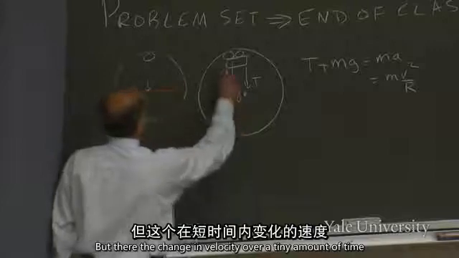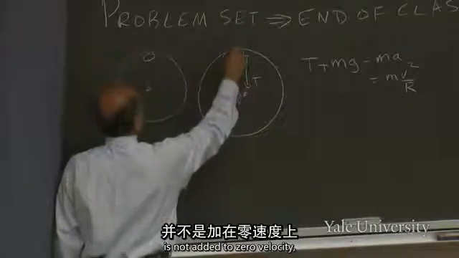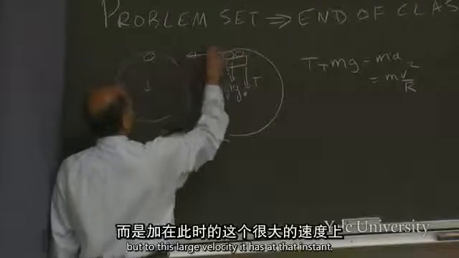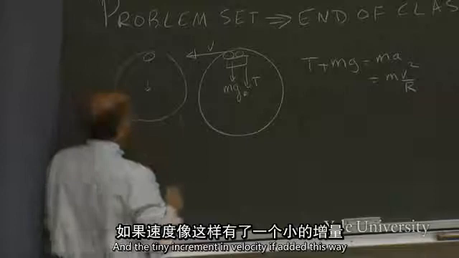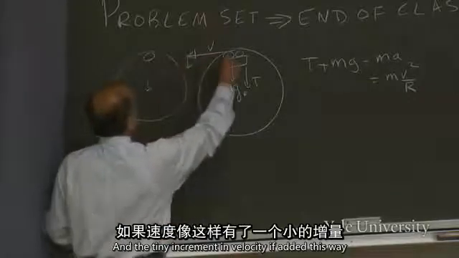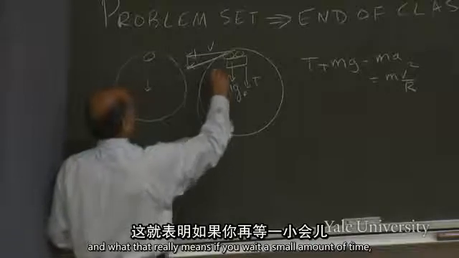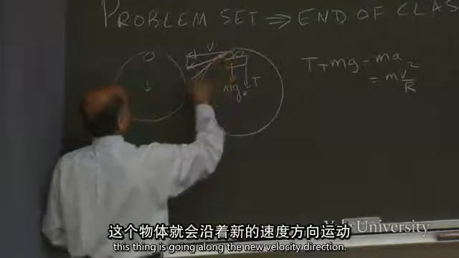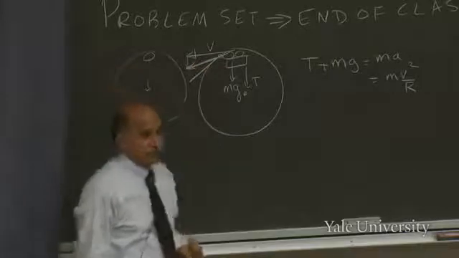But there, the change in velocity over a tiny amount of time is not added to zero velocity, but to this large velocity it has at that instant. And the tiny increment in velocity, if added this way, will produce a velocity in that direction. And what that really means, if you wait a small amount of time, this thing is going along the new velocity direction.